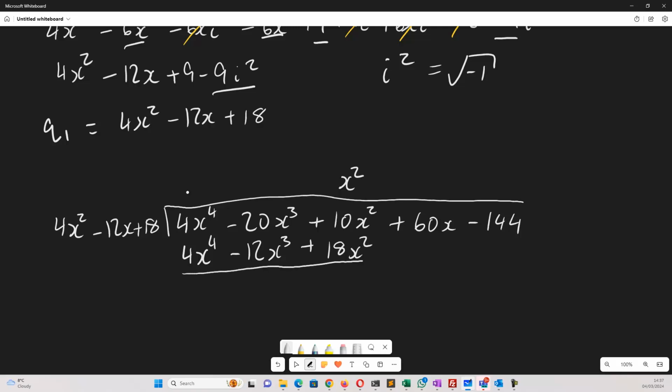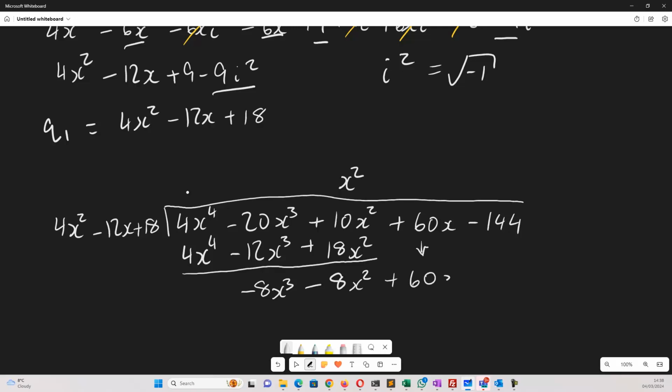And now we're going to subtract the second row from the first row. So the 4x to the power of 4 will disappear. We've got minus 20x cubed minus 12x cubed. So that's going to give us minus 8x cubed. And then we've got 10x squared minus 18x squared. So that's going to give us minus 8x squared. And now we're going to bring the 60x down.